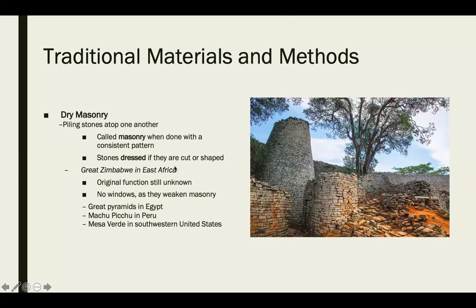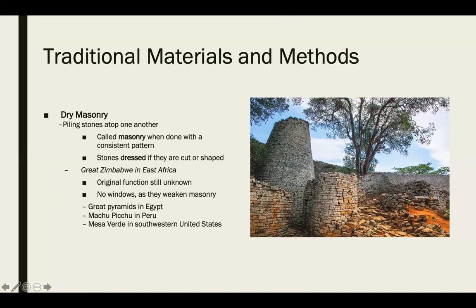This is the Great Zimbabwe in East Africa that I'm referencing here. Its original function is still very unknown, but probably used to house the dead or be something that was more for a ceremonial or symbolic purpose rather than a place people actually were working in or living in. There were no windows because that did weaken the masonry.